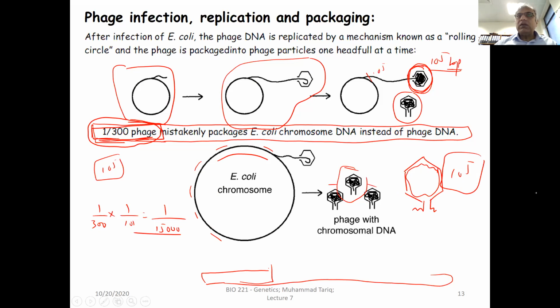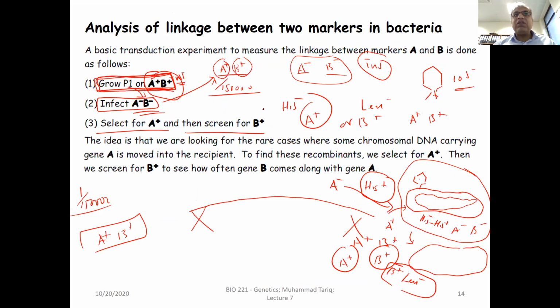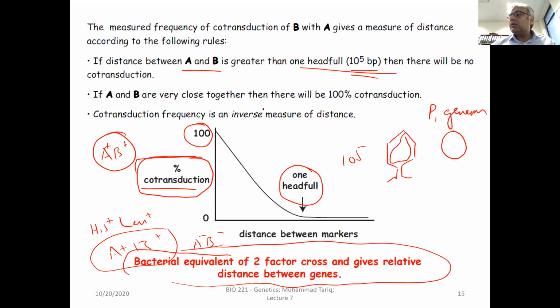When this will go, and we try to see here kind of complementation, if one phage head full, let's say bacterial genome is, I try to draw here bacterial genome. This is bacterial genome. If A is here and B is here, look from here all the way here, almost 50% of the bacterial genome.